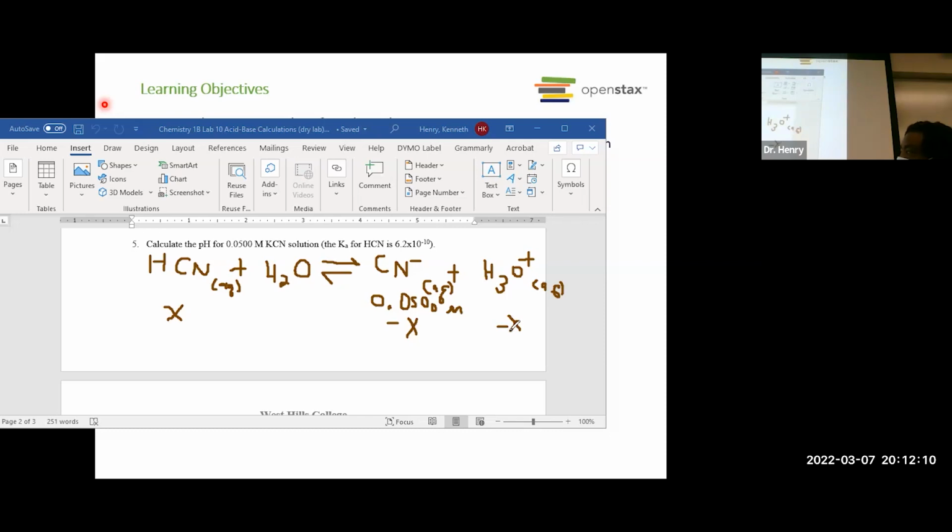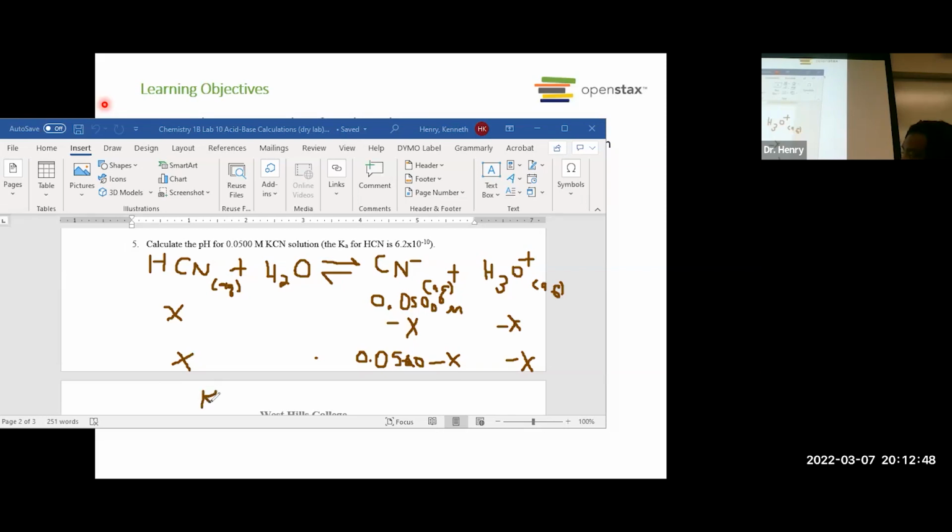Yeah, I have to think about it. Okay, so then at equilibrium, this guy's going to be 0.0500 minus X, and this is going to equal X. Then we're going to set up our equation again.